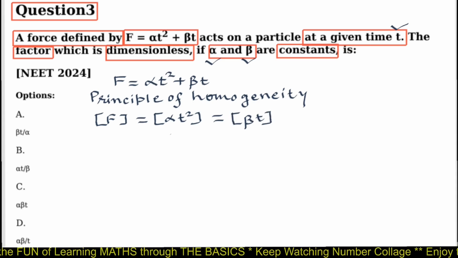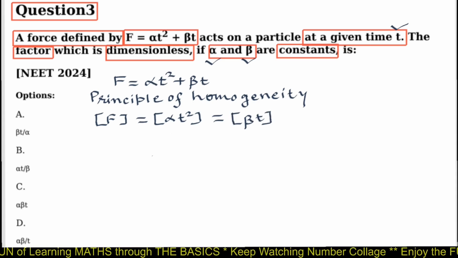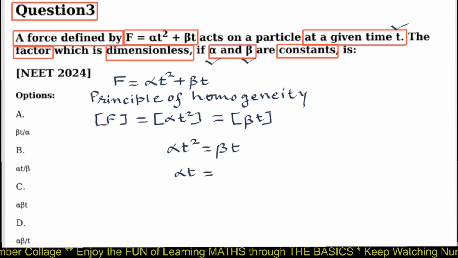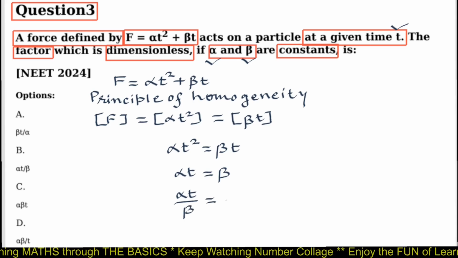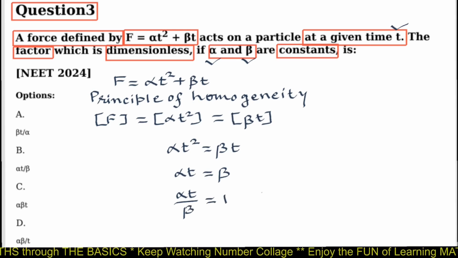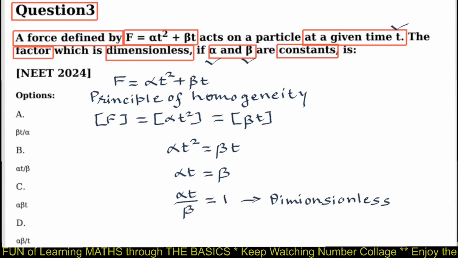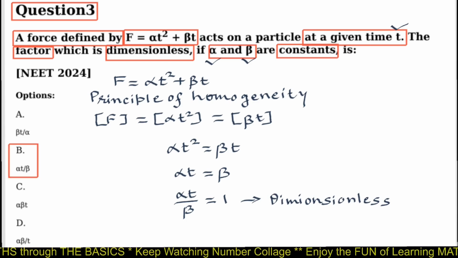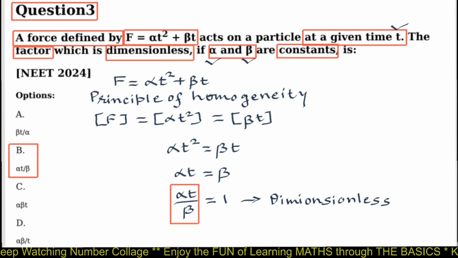Now alpha t square equals beta t, alpha t equals beta, alpha t upon beta equals 1. Being a number is dimensionless. So the correct answer option here is B, alpha t upon beta, which is a dimensionless factor.